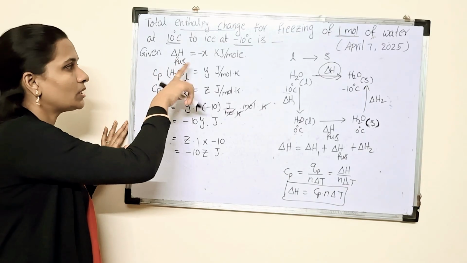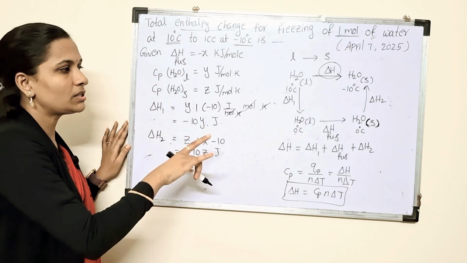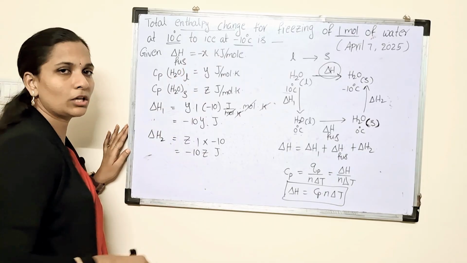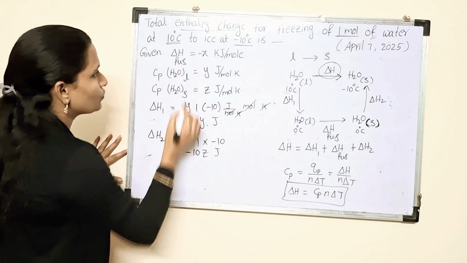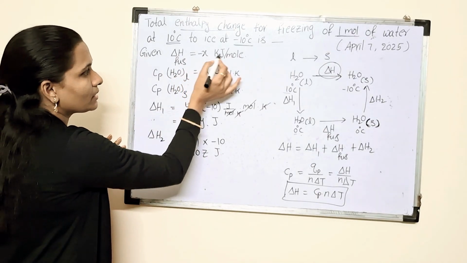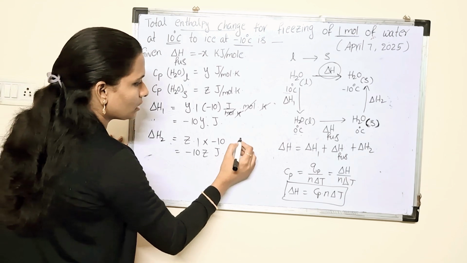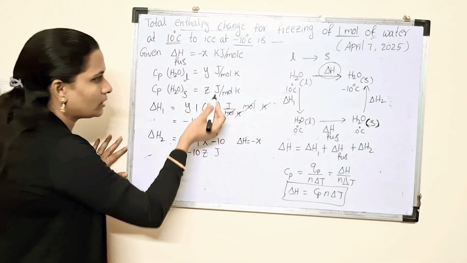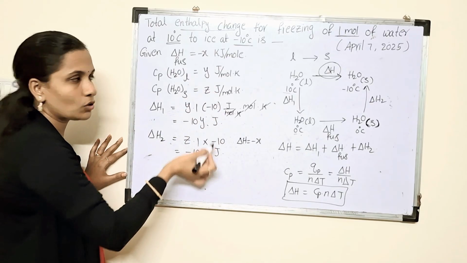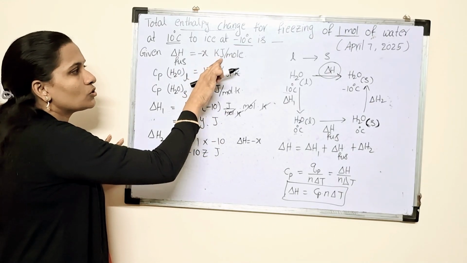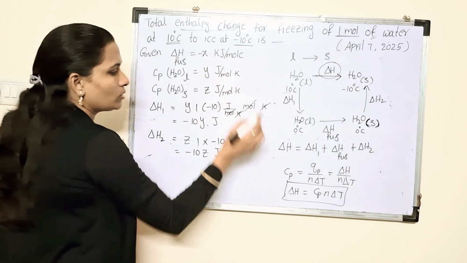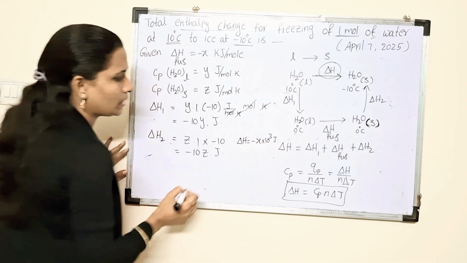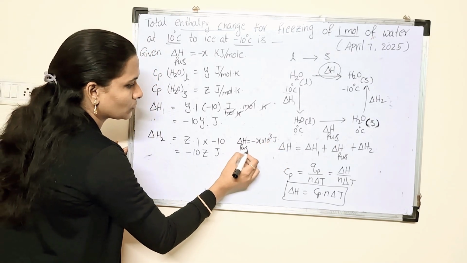They gave x kilojoule, but since it is exothermic, we put minus x kilojoule per mole. But the remaining values are all in joules, so we convert kilojoule into joule. So 1 kilojoule equals 10 cube joules. So this is the delta H fusion value.